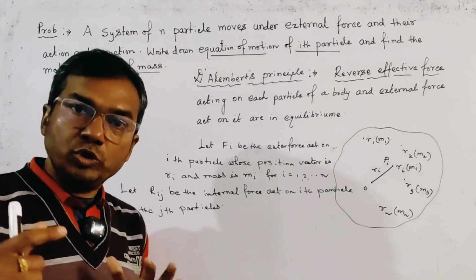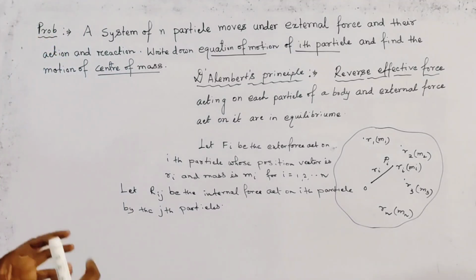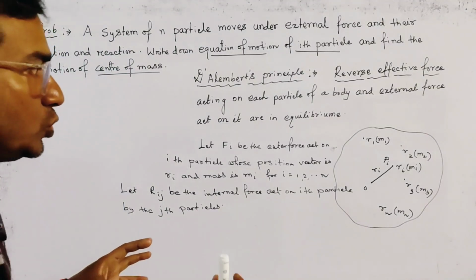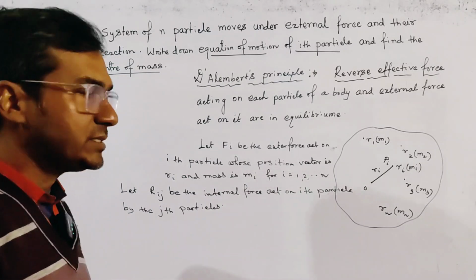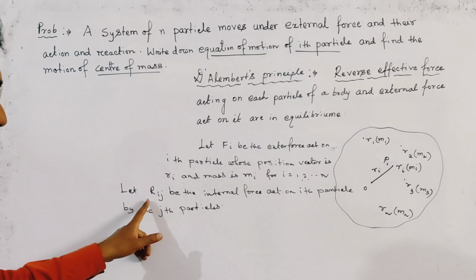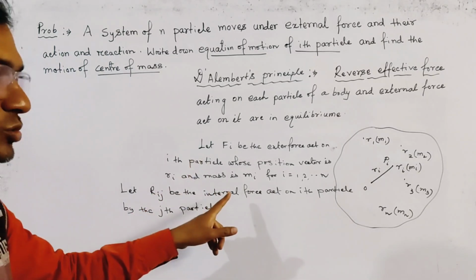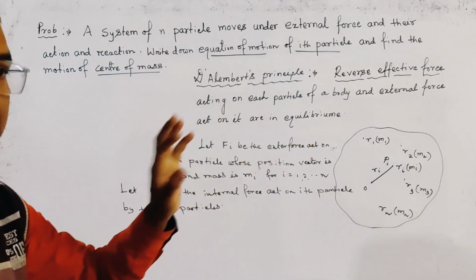We know that there is always an action and reaction between every pair of particles. Since the system consists of n particles, we let Rij be the internal force acting on the ith particle by the jth particles.